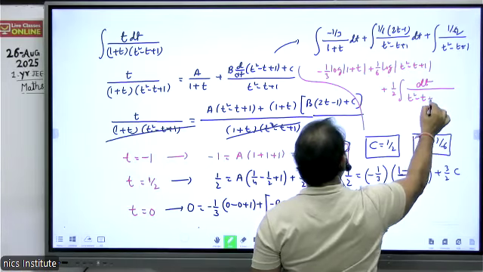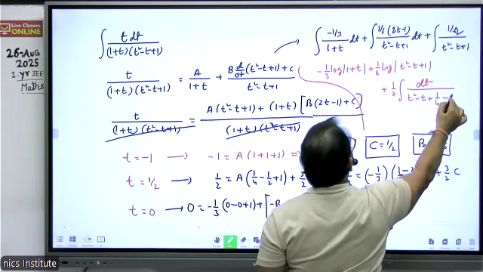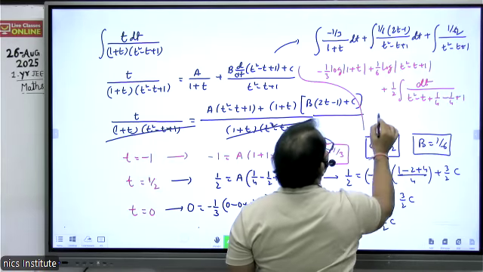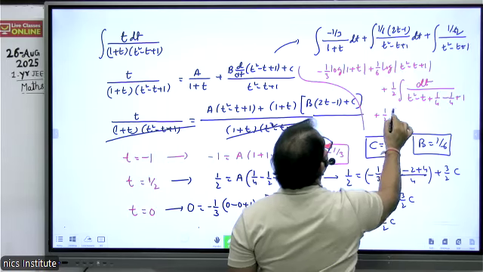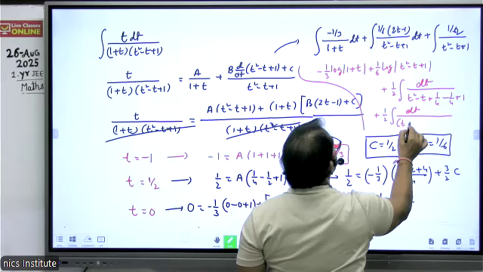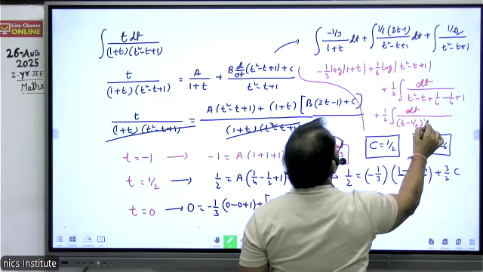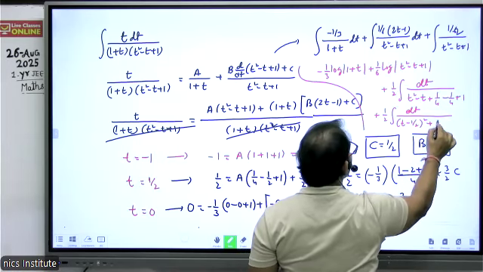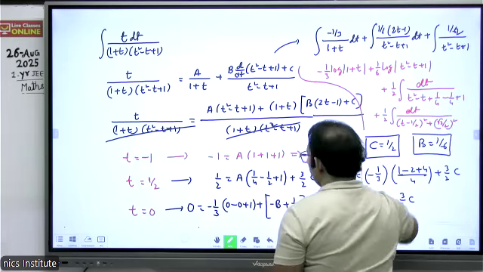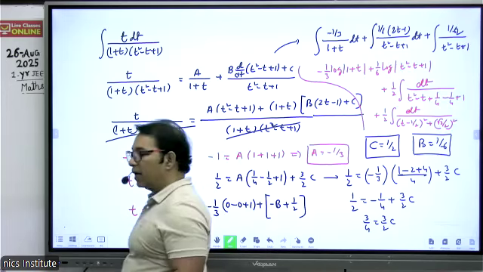Coefficient of t is 1 by 2, square it, add and subtract. So this third part is 1 by 2 dt divided by t minus 1 by 2 whole square plus 3 by 4, which is root 3 by 2 whole square. So the third part would be 1 by a tan inverse.